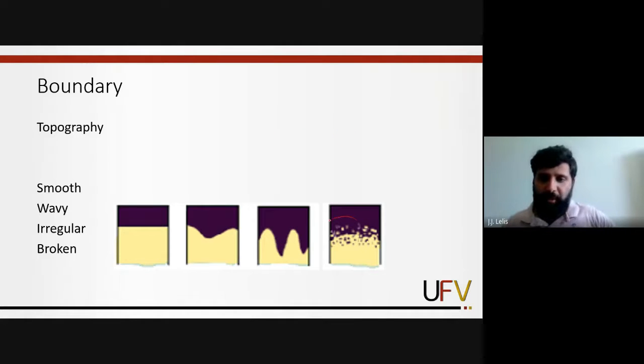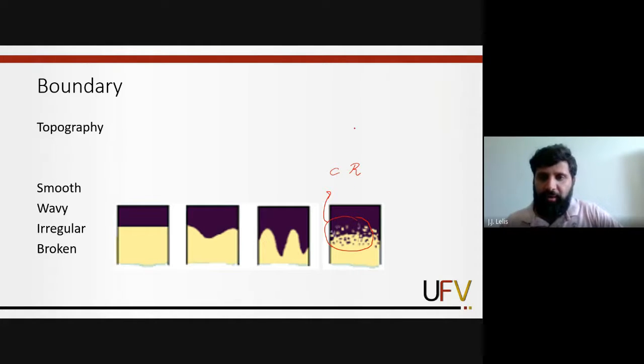and the broken transitional, the broken boundary, is very common to identify between a C horizon or a C layer and the R layer.